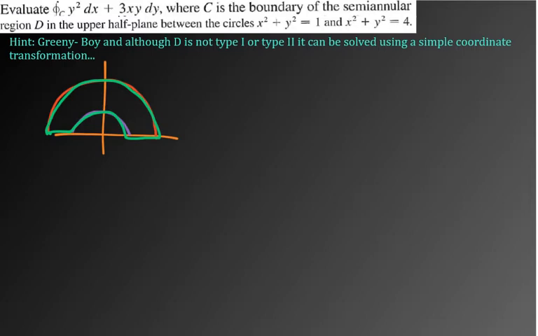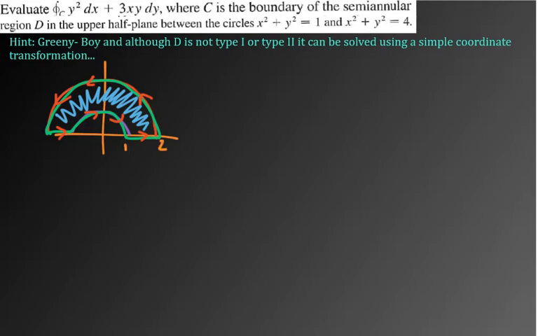So if we do this as my direction, that will be my positive orientation, and it's going to be much easier to do the problem as a double integral over that region D, because otherwise I'd have to compute four line integrals and then add them together, and I don't want to do that. So this is 1, this is 2, that's going to be useful.